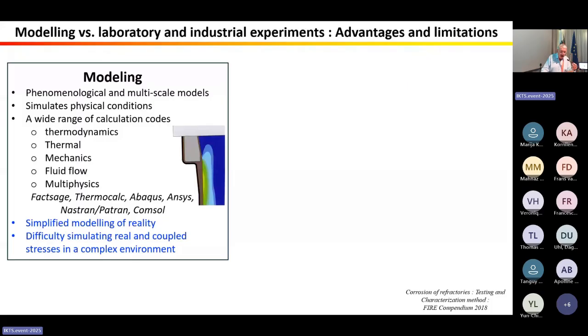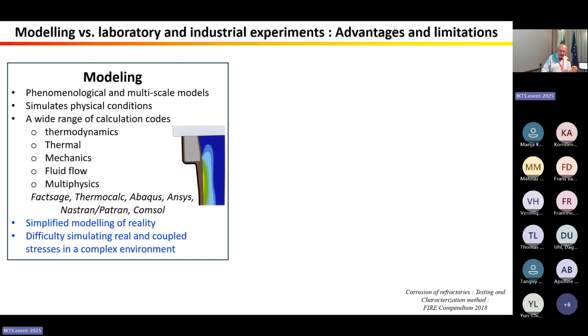We have a wide range of calculation codes: thermodynamics, thermal, mechanics, fluid flow, multiphysics, different software, FactSage, Thermo-Calc, Abaqus, ANSYS, COMSOL. But the main difficulty is that we have a simplified modeling of reality, and we have difficulty simulating real coupled stresses in a complex environment.